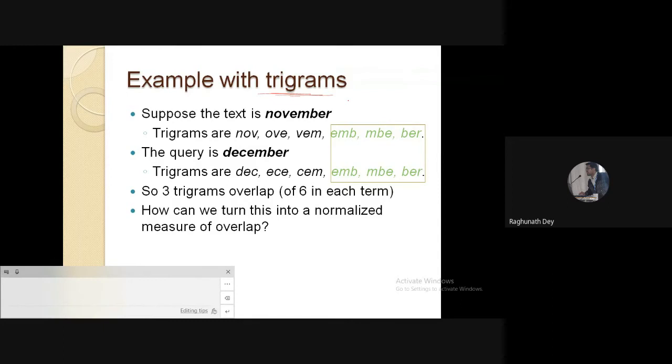So the fundamental idea is that instead of comparing with all the words for a given query, we can compare with a limited number of terms or words, so that it can help you reduce the time complexity.